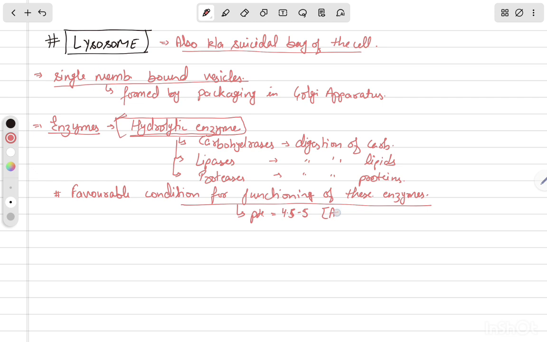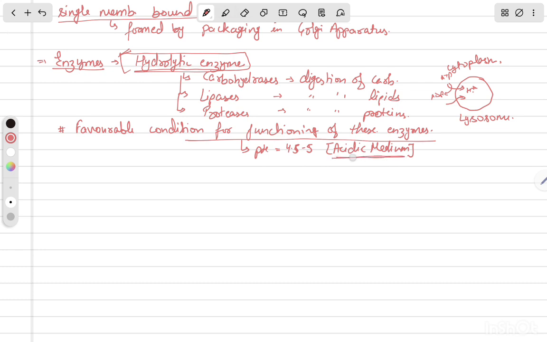Basically, acidic medium. This acidic medium is achieved by, suppose that is the structure of lysosome, and outside medium is obviously cytoplasm. It is achieved by movement of H plus ion into the lysosome by utilization of ATP molecule, right? So, acidic medium is required for functioning of these hydrolytic enzymes.